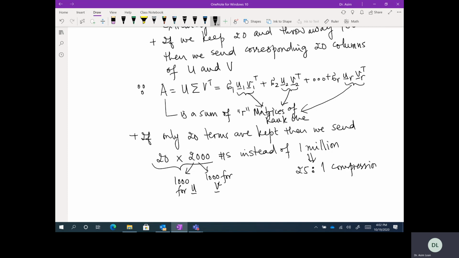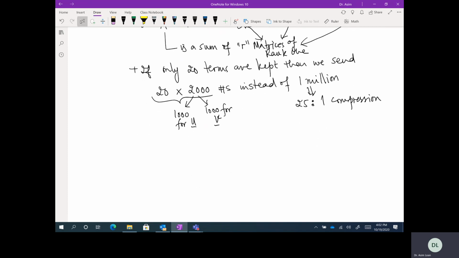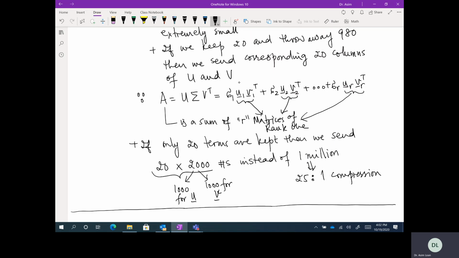So you save on information that you are sending if you send it like this. What we are actually saying is we can always put a threshold, and all sigmas that are below that threshold, we don't need to send.